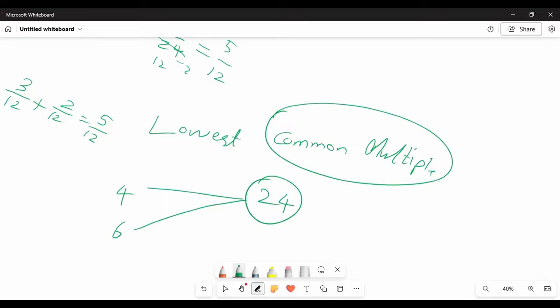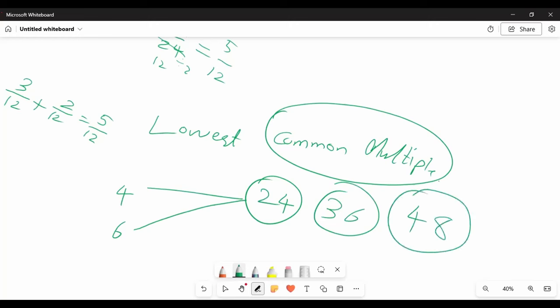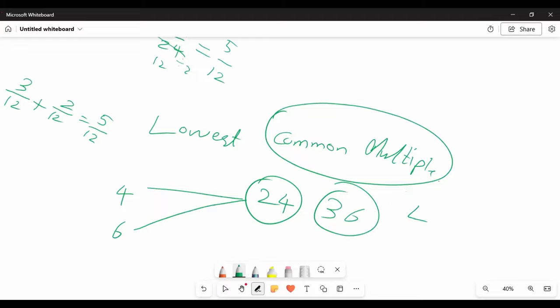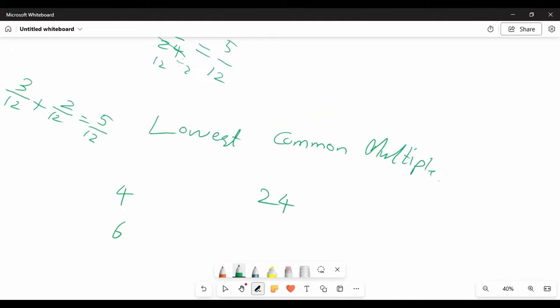Not only 24, we can go with 36, or 48. All these are common multiples. Actually, 12 is also a common multiple. So we have many common multiples, and out of them we are going to select the lowest one. That is simply the lowest common multiple. Are you all clear with this?